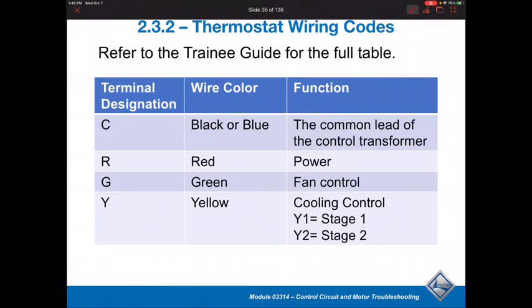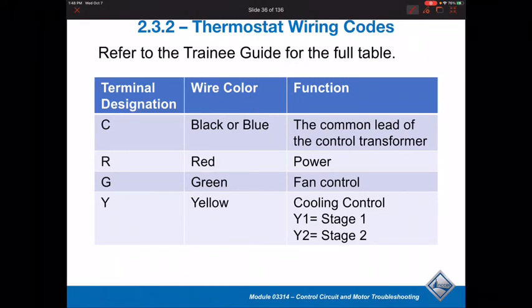It depends on what colors you have available, but there isn't any universal color for that. The R terminal designation is typically red, and we would consider that the power. That could be power for heating or power for cooling; they could be separate.